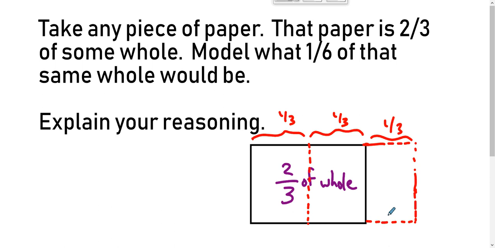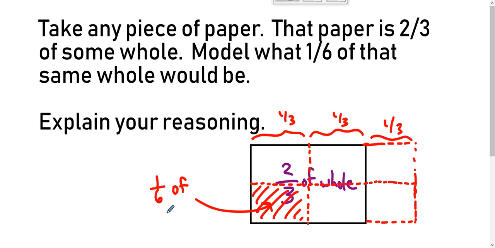Well, I got 3 easy pieces here, so if we just fold again, I've got 1, 2, 3, 4, 5, 6 pieces. This is one of those 6 pieces. This right here is 1/6 of the whole.